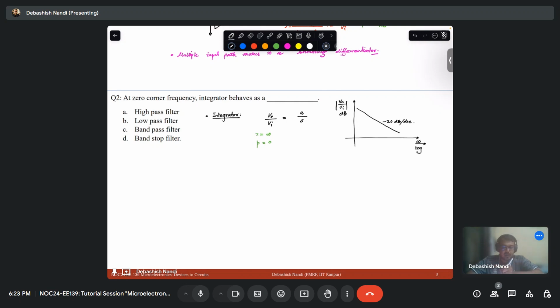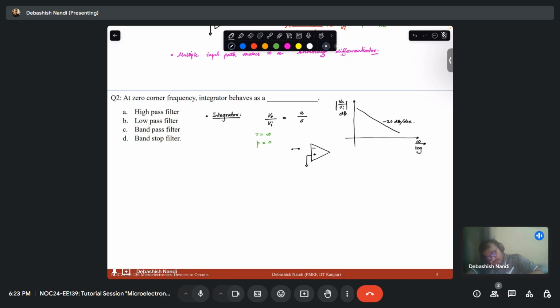Fine. Now it is asked that at zero corner frequency, the integrator behaves as what? So if you want to realize the circuit, the circuit with an active OPAMP will look like this.